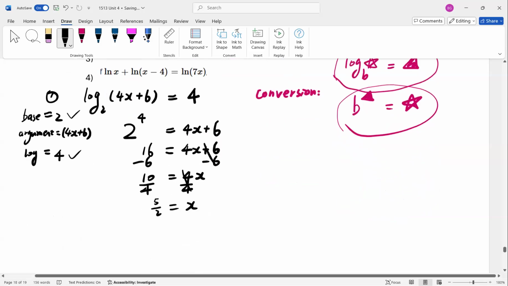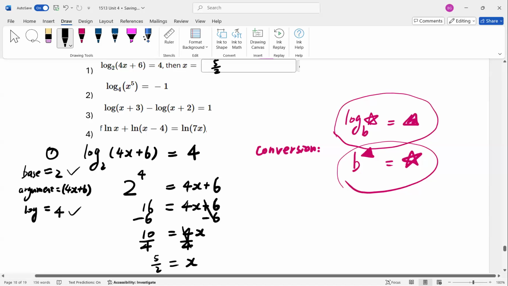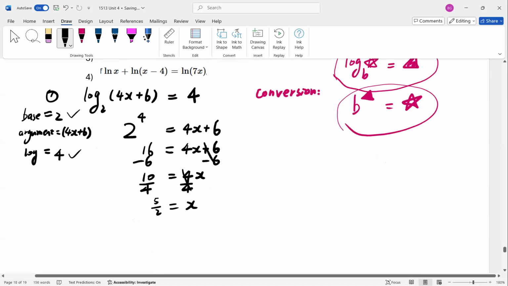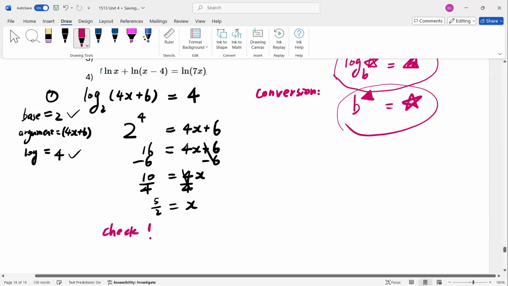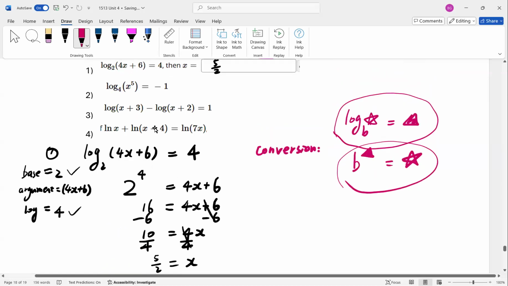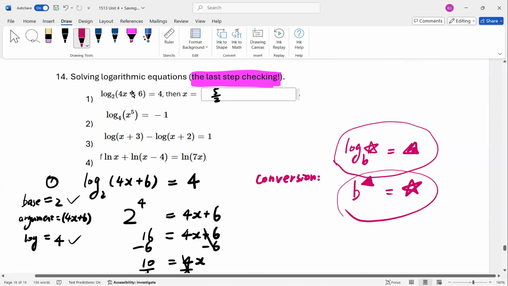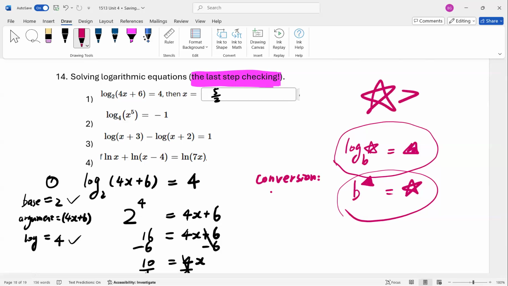Oh, I forgot to do one thing: check. I just want to emphasize that. We need to look at whether the proposed value of x makes the log function on the left side well defined, because the argument cannot be 0, and the argument cannot be negative either.